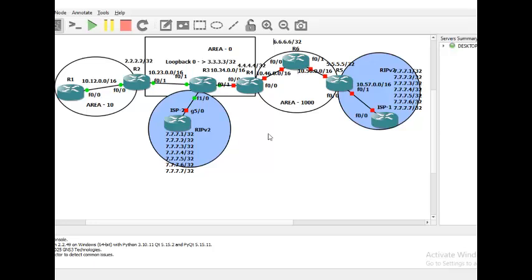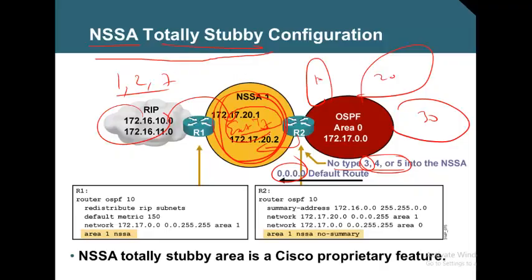Not so stubby area, totally stubby area, the routers in that area will have only type 1, type 2, and type 7. And you will have a default route given to you as type 3. Yeah?